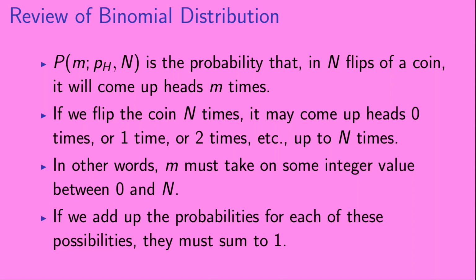If we flip the coin n times, it may come up heads 0 times, or 1 time, or 2 times, etc., up to a maximum of n times. In other words, m must take on some integer value between 0 and n. If we add up the probabilities for each of these possibilities, they must sum to 1.